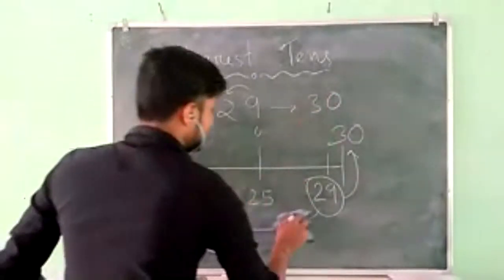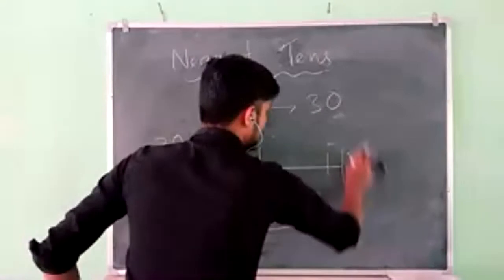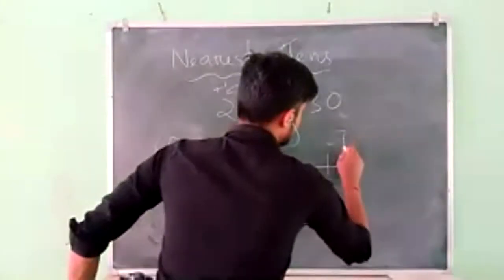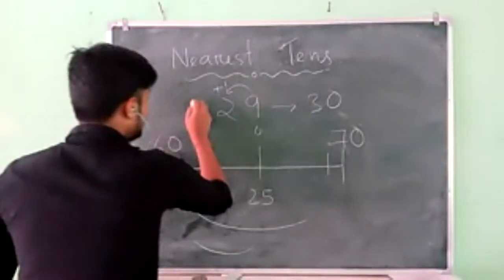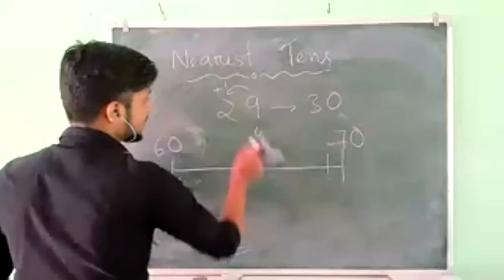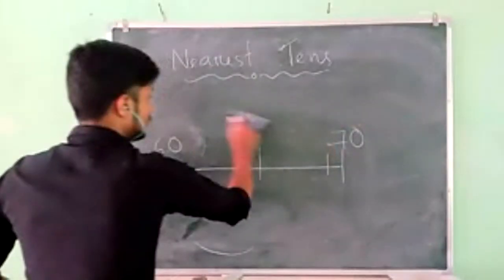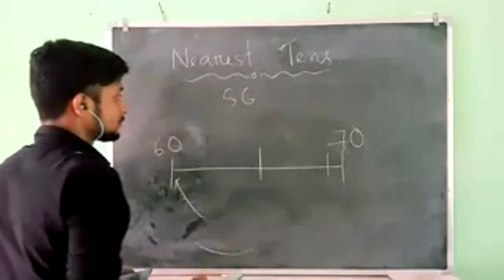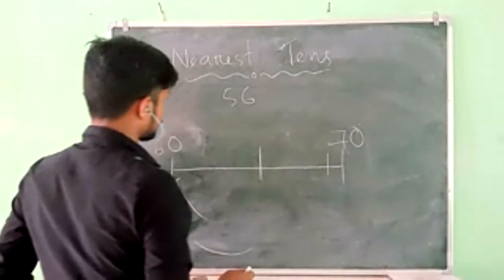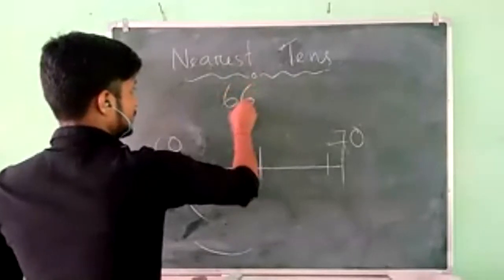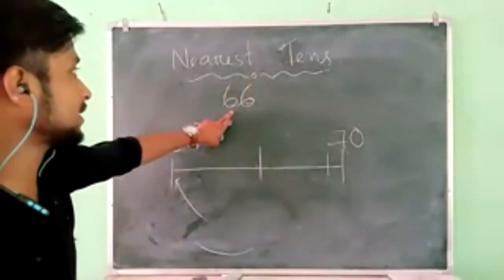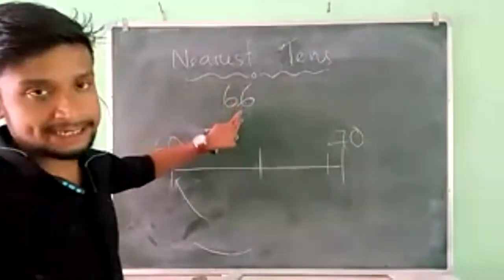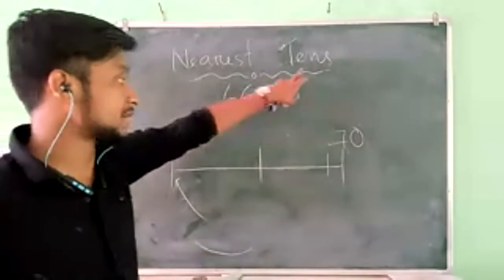Suppose now if I round off 66 to the nearest 10, what will be the answer?